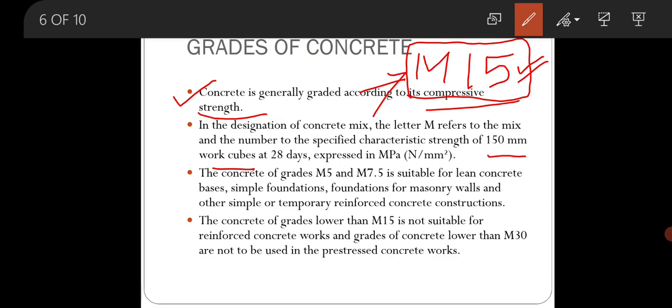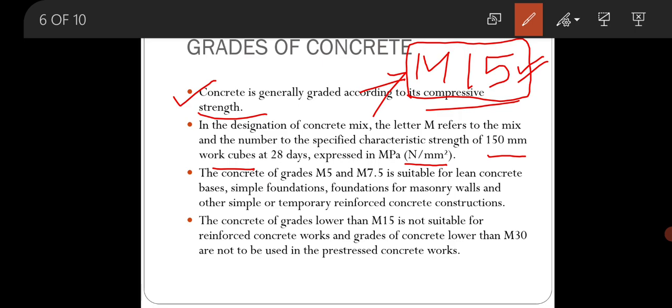So this 15 refers to the characteristic strength of 150 mm cube after 28 days, and it is expressed in terms of Newton per mm square. That means M15 means its compressive strength is 15 Newton per mm square after 28 days.